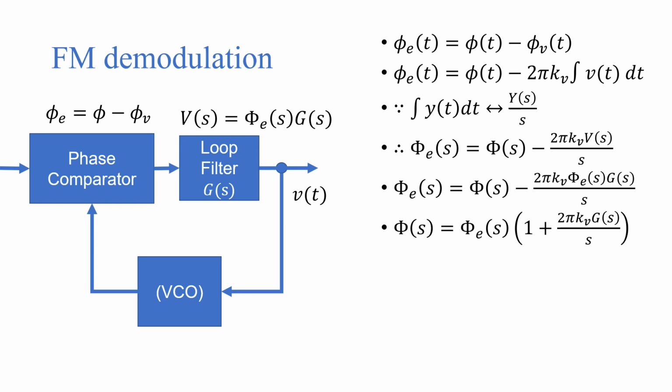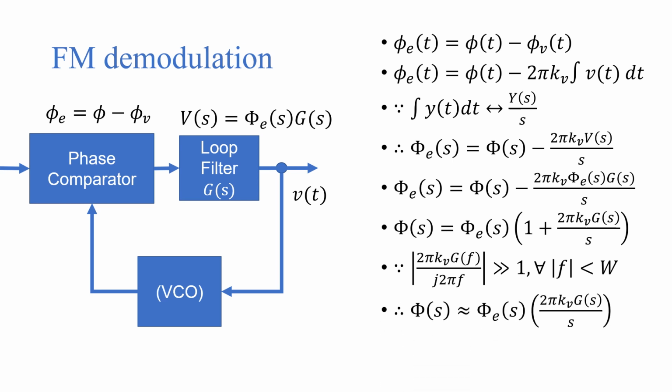We get phi(s) as a function of phi_e(s), and since the Fourier transform is the Laplace transform with s replaced with j2 pi f, and noting that VCO deviation constant kv is a large number with value of G(s) close to unity in passband, the fraction term is much greater than unity within the signal bandwidth, and therefore phi(s) can be approximated as phi_e(s) times 2 pi kv G(s) over s.